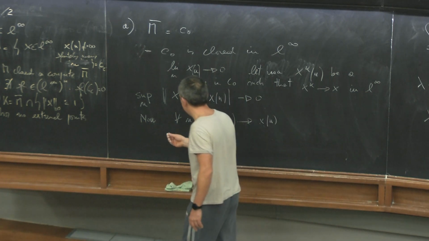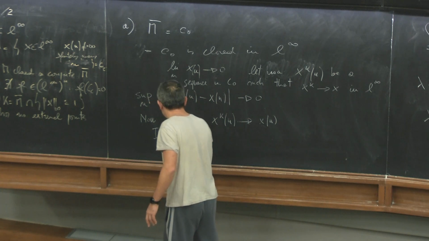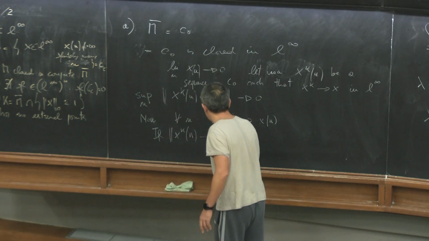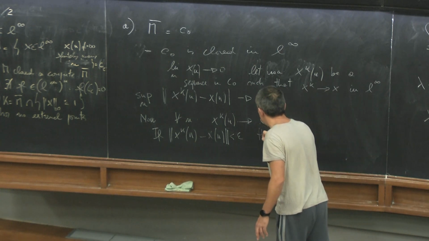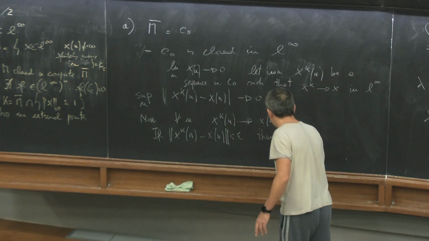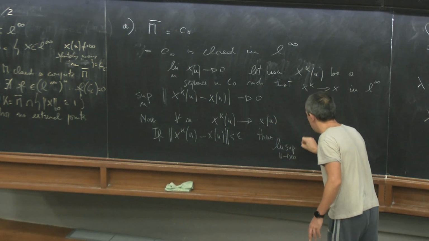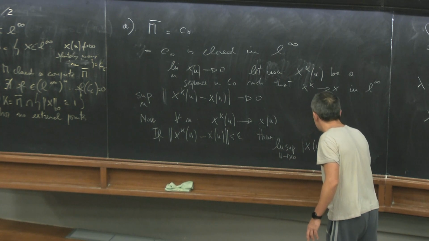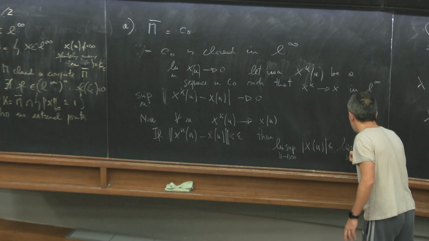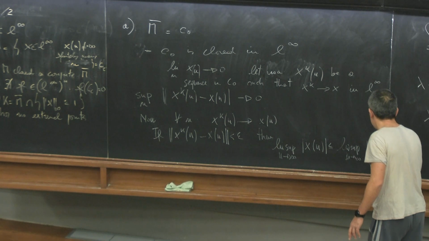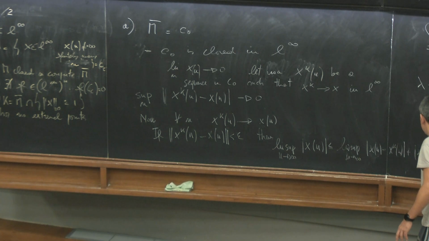If the supremum of xk^n minus xn is less than epsilon, very small, then the lim sup for n tending to infinity of xn, I write as the lim sup of xn minus xk^n plus xk^n.